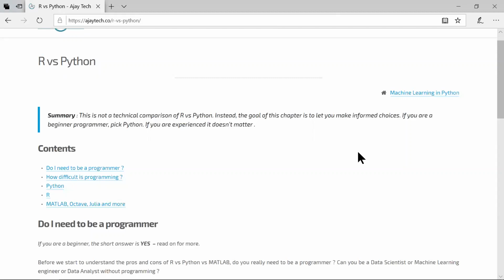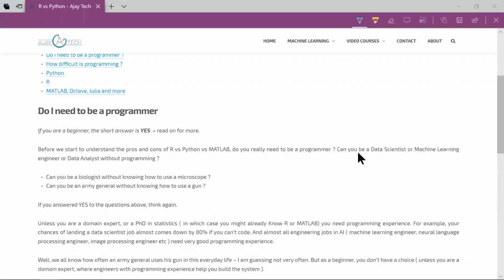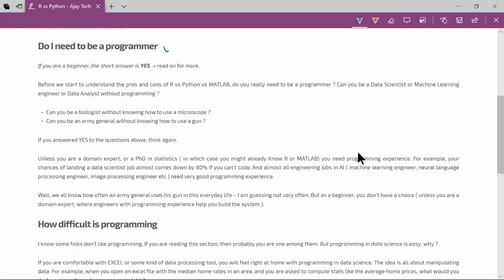Okay, so the next question, when we choose the language, probably the first question, apart from R or Python, is, do I need to be a programmer? Because programming sometimes scares people, and that's understandable. But if somebody says you don't need programming, then they're lying. The short answer is yes, you need to be a programmer of some sort. You don't need to be a first-rate programmer.